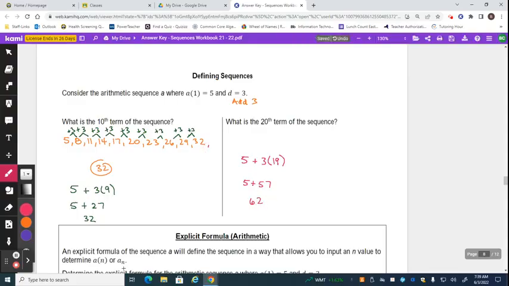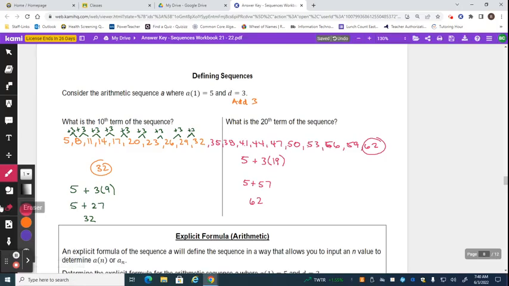If I continued the list, 11, 12, 13, 14, 15, 16, 17, 18, 19, 20, we see that we do get to 62.